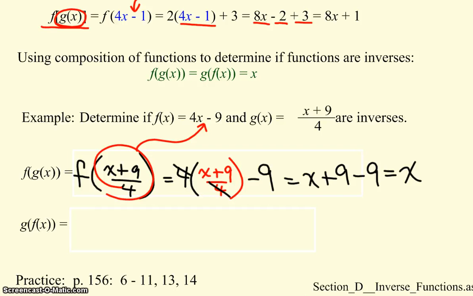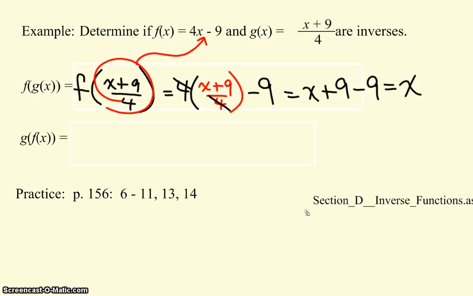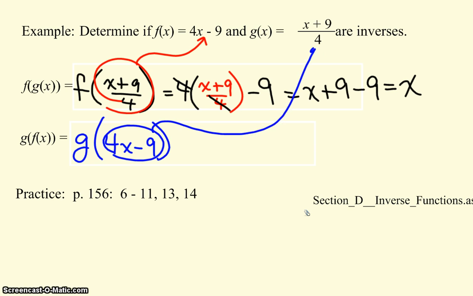Now I have one more problem to check, so I have to do g of f of x. So I'm going to do g of whatever f of x is. And f of x happened to be 4x minus 9. So I'm going to take this 4x minus 9 and I'm going to substitute it into the g rule.